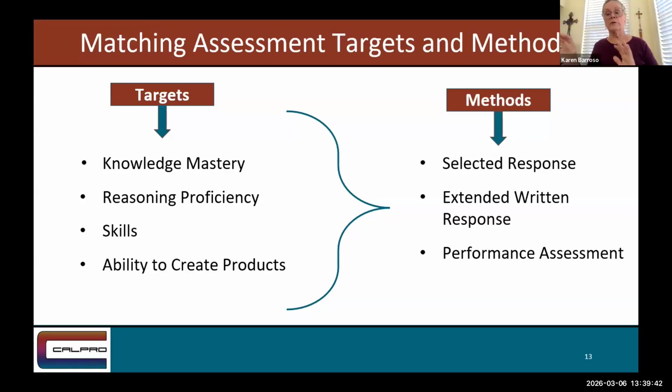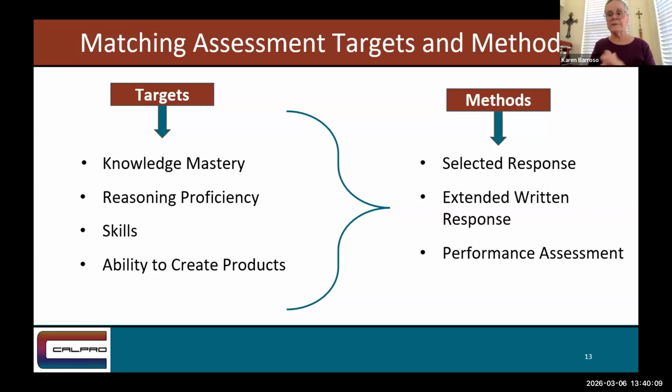So it can be used in many ways for selected response. Reasoning proficiency, you're already doing reasoning just by showing two pictures and they have to choose between them. Reasoning could also be inferences. Reasoning could be when you do speaking and listening and you're doing role playing. They have to think about what's the answer.